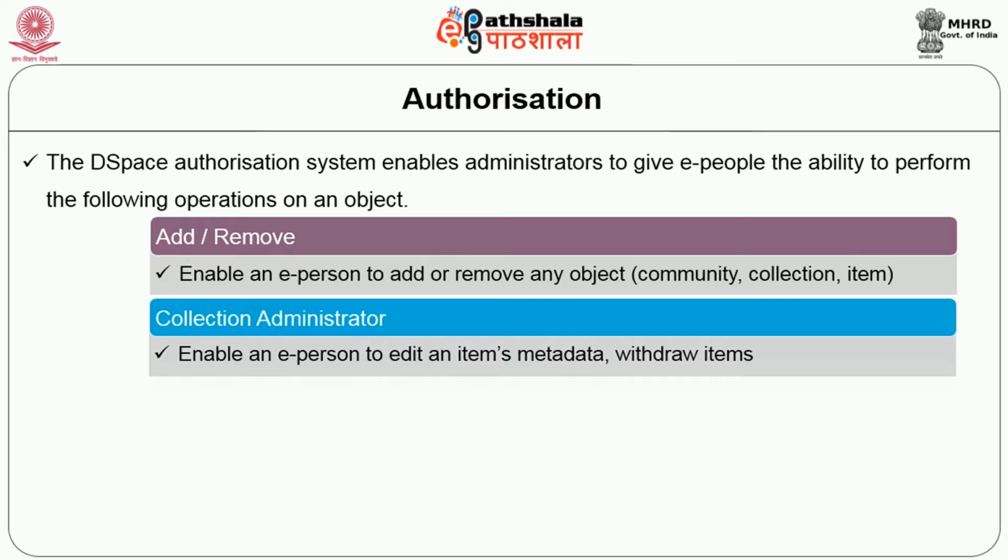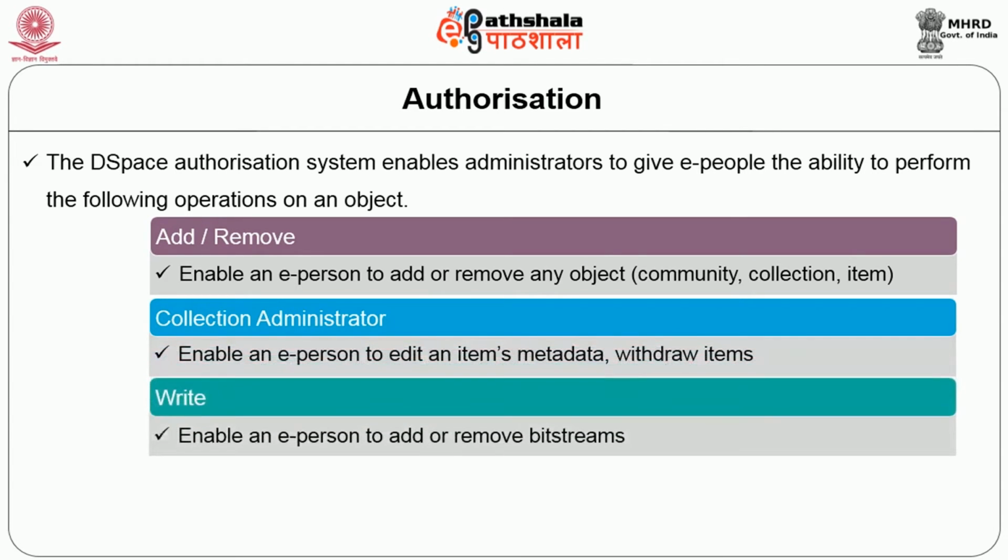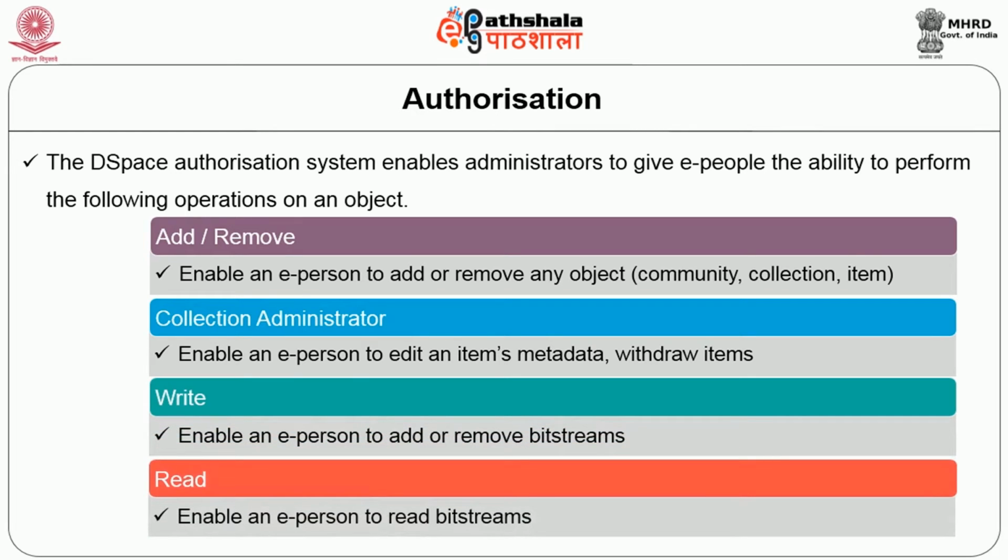This can also be given separately. And he can write, that means he can create an e-person and give other permissions, or just give read permission, enabling an e-person to read only the bitstream, he cannot edit it.